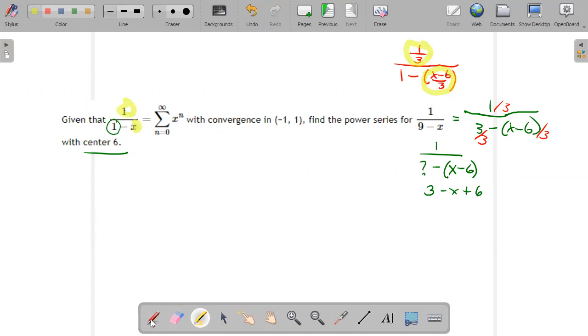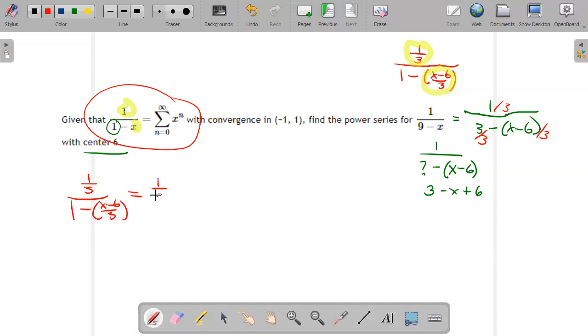Okay, so pulling that off, rewriting this right here to match the 1/3 over 1 minus x minus 6 over 3. We're going to get a 1/3 times the sum as n goes from 0 to infinity. And instead of just an x to the power n, we're doing this substitution here, x minus 6 over 3.